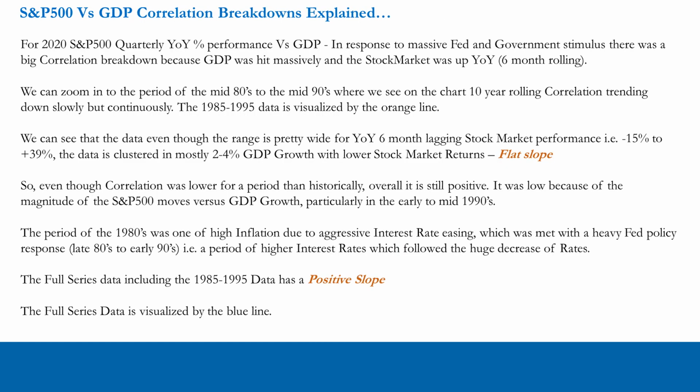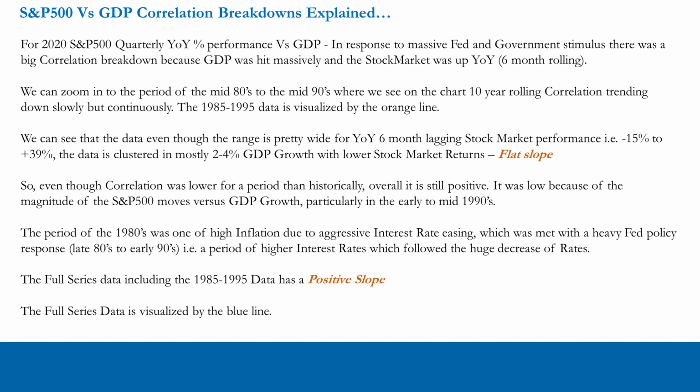Let's run through the breakdowns in correlation between S&P 500 and GDP. When we look at the statistical 10-year rolling correlation, let's have a look at these breakdowns and formalize the explanation here. So for the 2020 COVID situation, the explanation is pretty clear, okay? It's pretty obvious. For 2020, S&P 500, the quarterly year-on-year performance versus GDP, it was in response to a massive Fed and government stimulus.